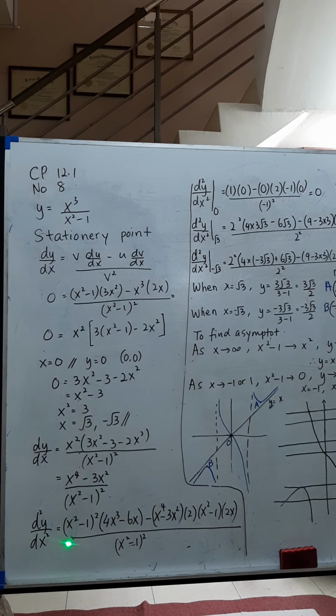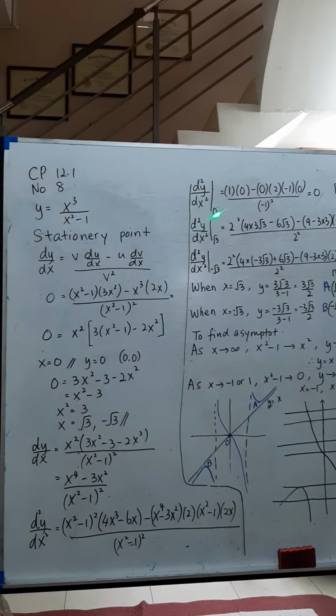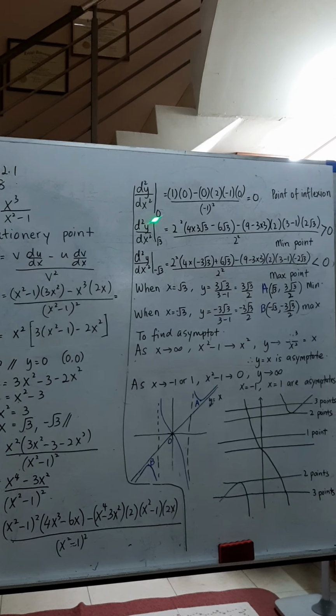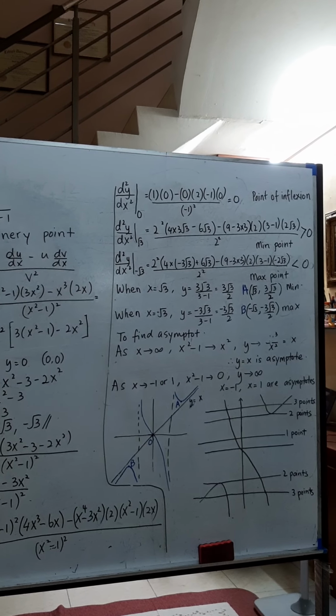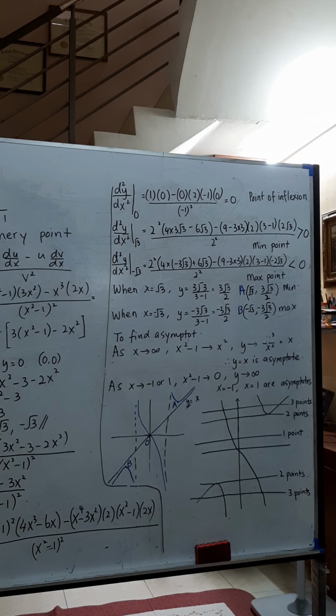You get a nasty, complicated expression there, but it's okay. We're not going to simplify it. We're just going to substitute the values of x. So I substitute x equals 0 here. When x equals 0, the value of d²y/dx² is 0.